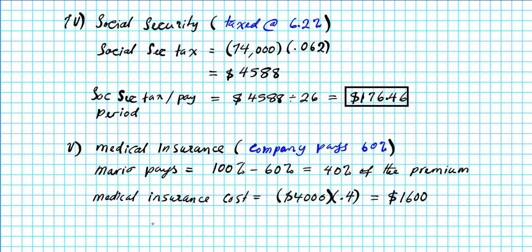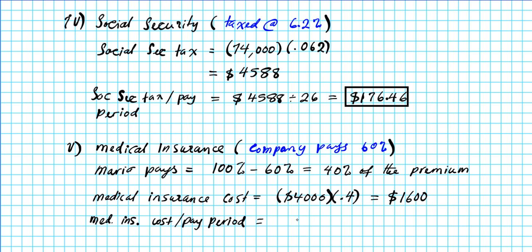So how much does she pay for medical insurance per pay period? So let's determine that. Medical insurance cost per pay period. We want to know how much is taken from her paycheck every 2 weeks for medical insurance.